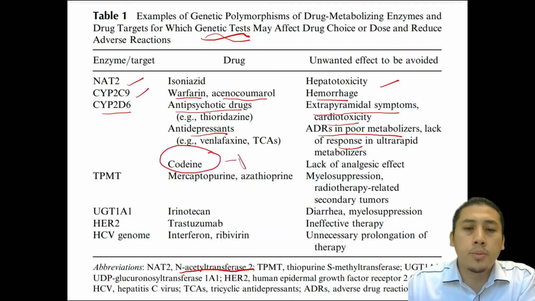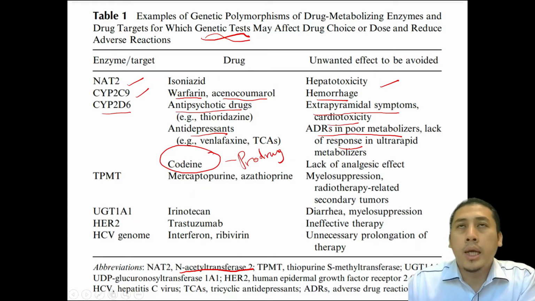Codeine is a prodrug, if you still remember. Prodrug is a drug that is administered into the human body in inactive form. So it's not active when it enters the body. Then it has to undergo metabolism. Then when it undergoes metabolism, then it becomes active.